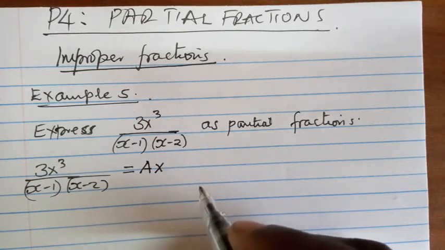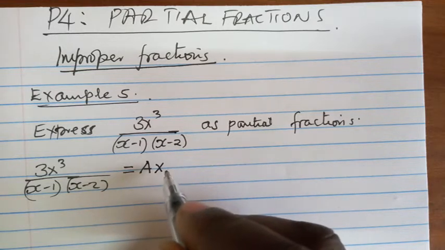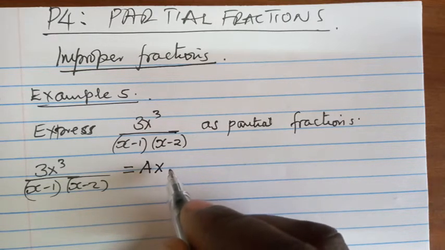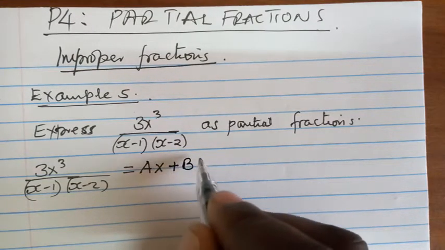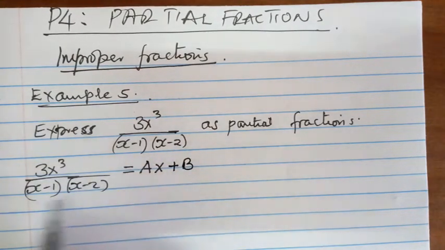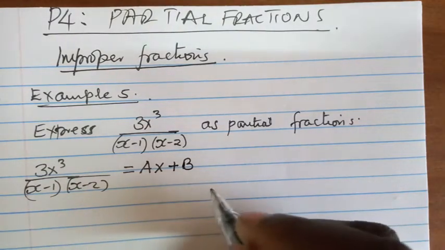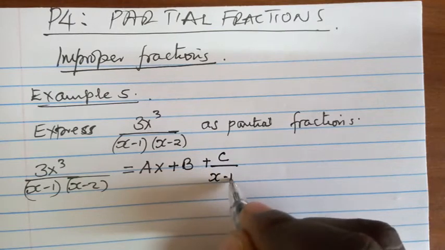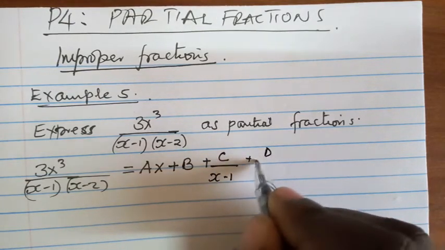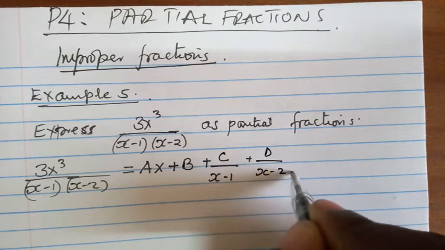We need to bring in another term whose power is power 0, and you're going to have plus b x raised to power 0 before we now bring in the divisors. Then plus c all over x minus 1 plus d all over x minus 2.